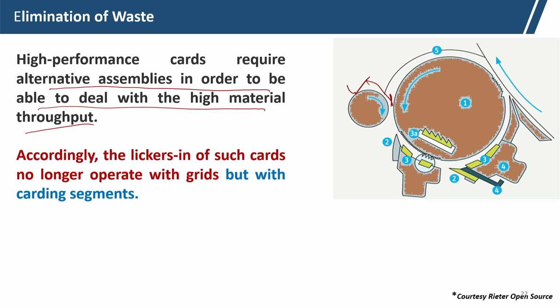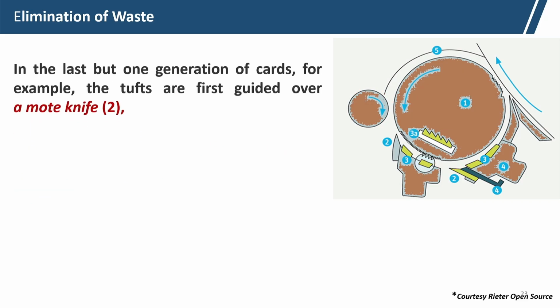So, grid bars are eliminated and now carding segments are there, where in the licker-in, instead of the grid bars, we use the carding segment. Here, carding segments are placed in the last but one generation card, the latest generation.